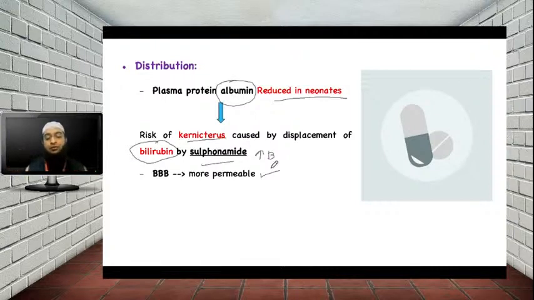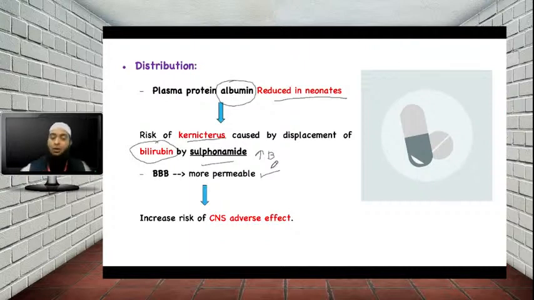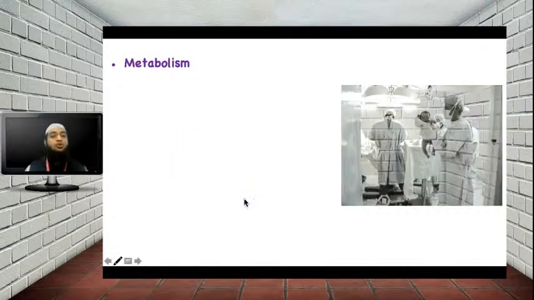So you have to be very cautious when giving any medicines to the child which are lipidic in nature, because they may cross the blood-brain barrier, reach the brain, and increase the risk of CNS adverse effects. So to avoid CNS adverse effects, you need to adjust the dose of those drugs which are highly lipidic in nature. Otherwise, they will go to the brain and may produce adverse effects. So this is the problem with the distribution of the drug.